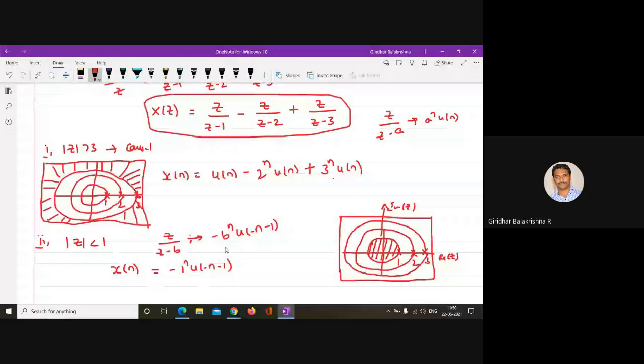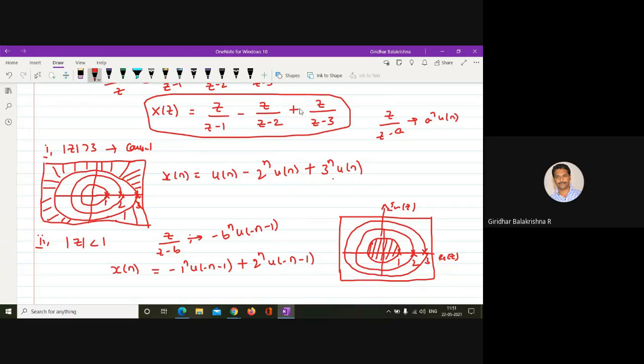Next, second one. Already we have minus, so here it is also minus. So minus minus will become plus. In the place of b, we have 2. So it is 2 power n into u of minus n minus 1. This is for the second term.